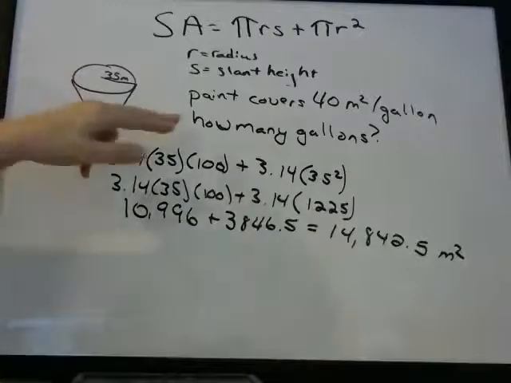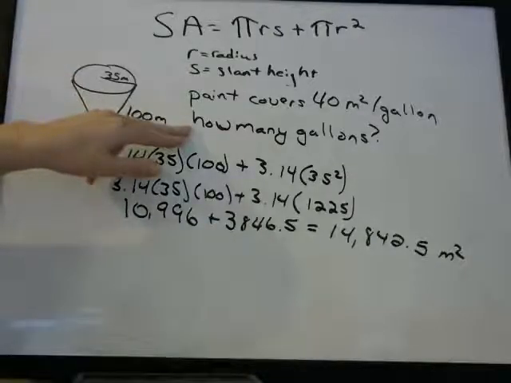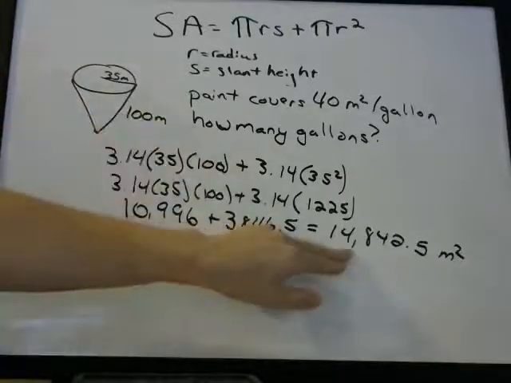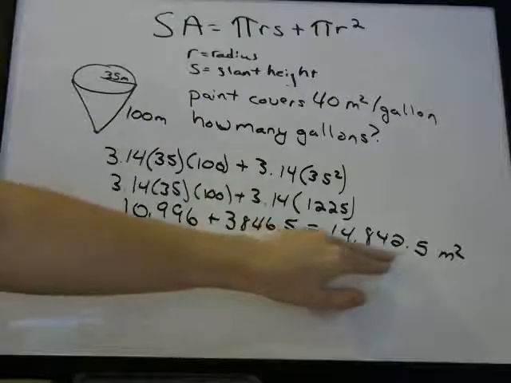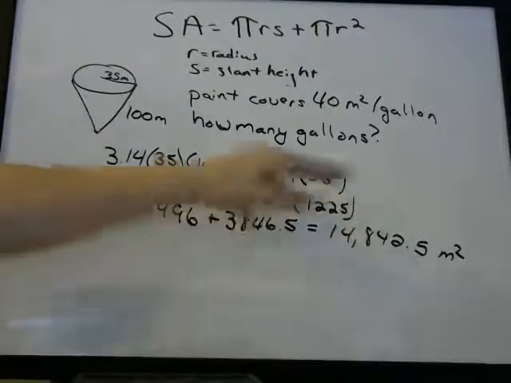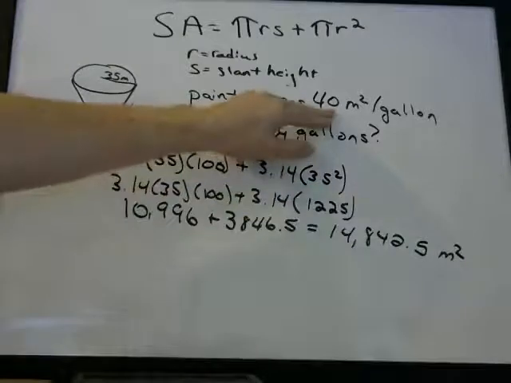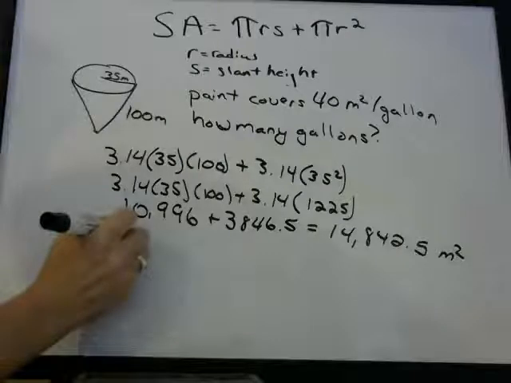But that's not what the question is asking us. They're asking us how many gallons of paint do you need. So if you need to cover 14,842.5 meters squared, and each gallon will cover 40 meters squared, how many gallons do you need?